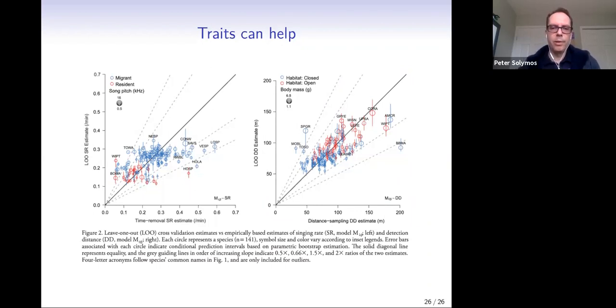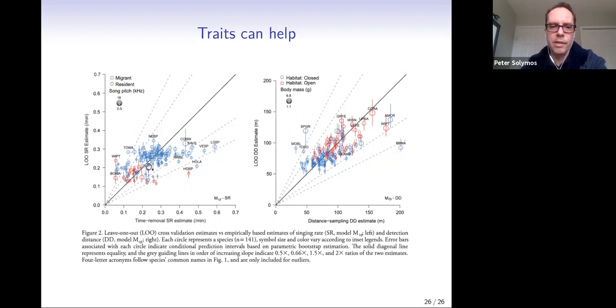And then we looked at what we estimated from the data, and then also we used a model based on phylogenetic relatedness of the species and also some trait variables. And then we tried to predict these as a function of species traits and how they are related to each other. And then we did some leave-one-out cross-validation.